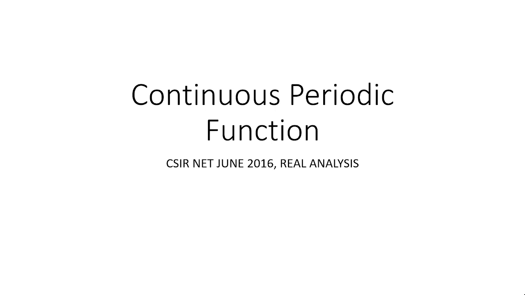So when we are talking about continuous periodic functions, we need to think about two terms: one is continuous and the other is periodic. That means the function is continuous as well as periodic.